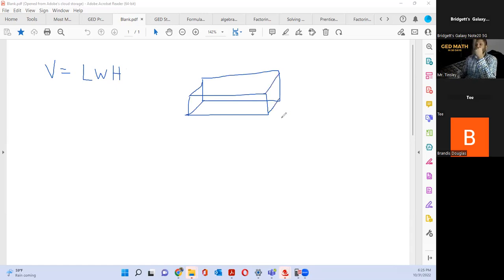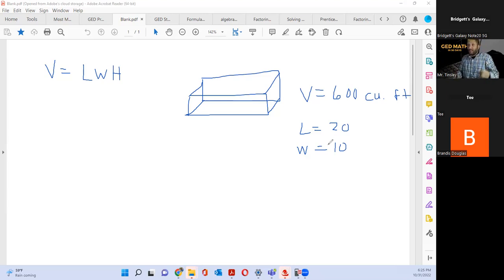And I told you that the volume was 600 cubic feet. The length is 20. The width is 10. How would I solve for H?